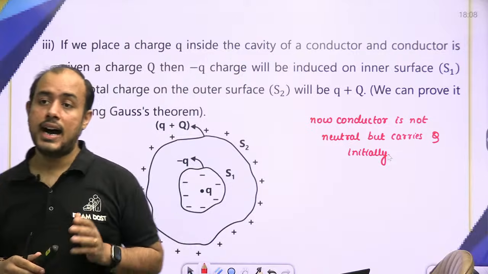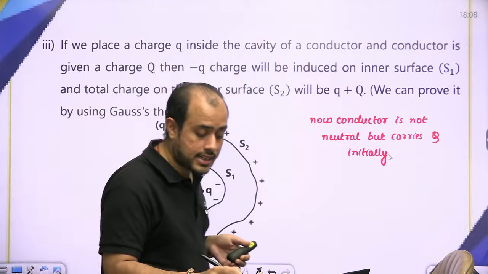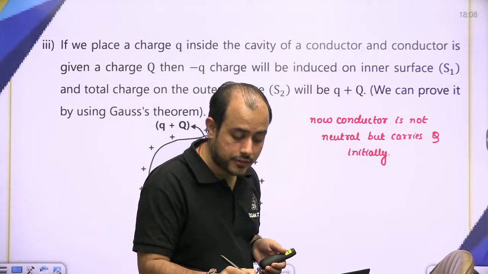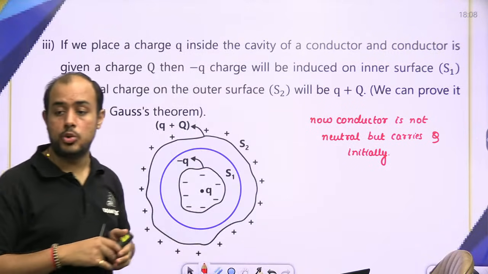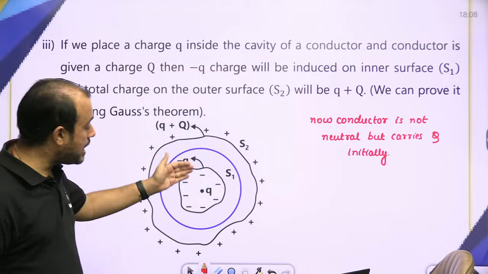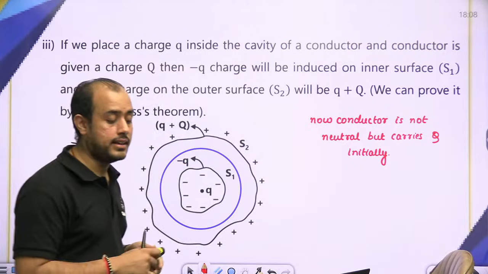So now beta, again to make the charge inside the Gaussian surface zero, your minus q will be induced inside. आपका माइनस q अंदर क्यों जा रहा है?